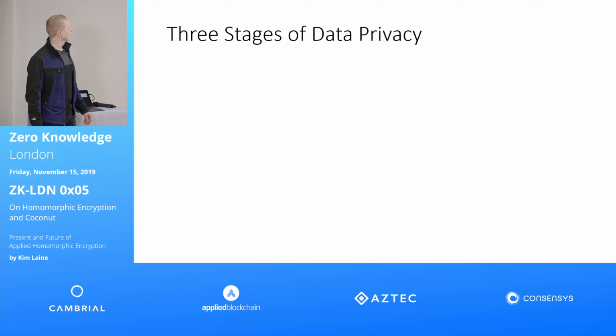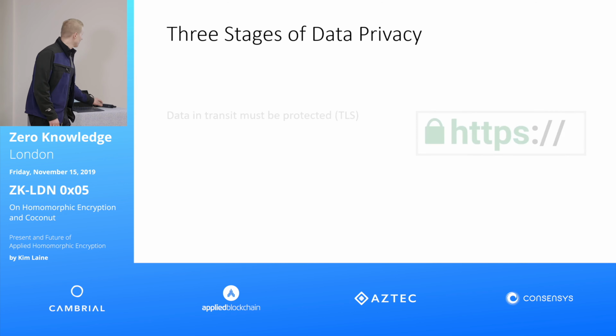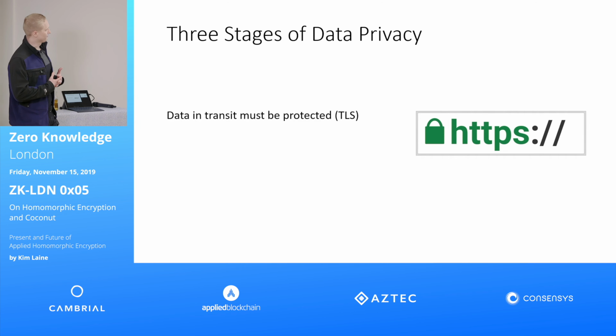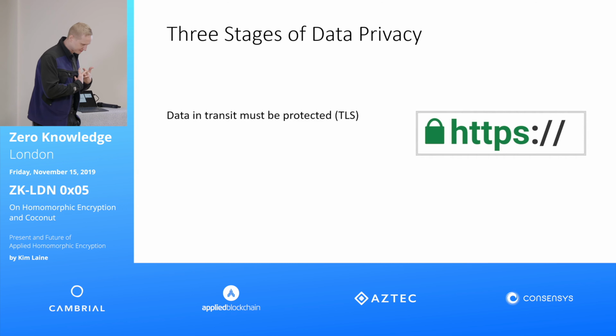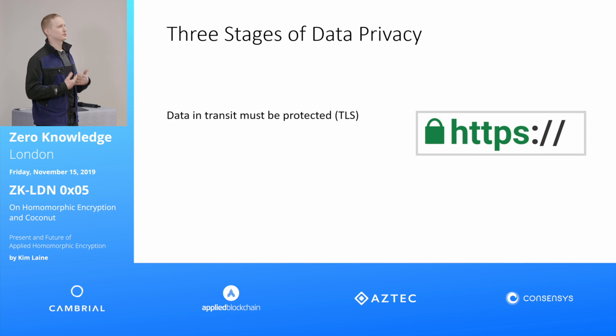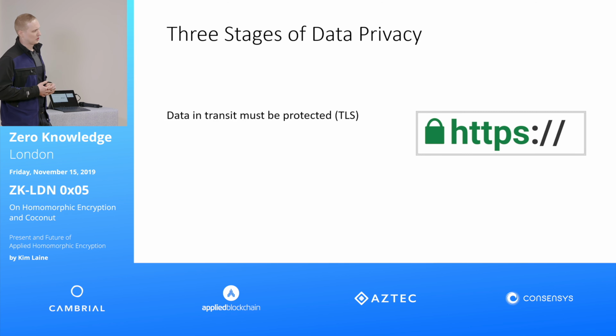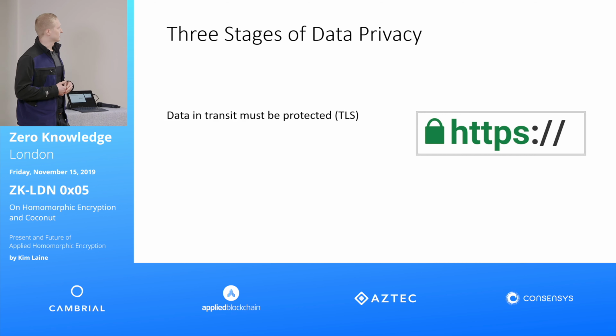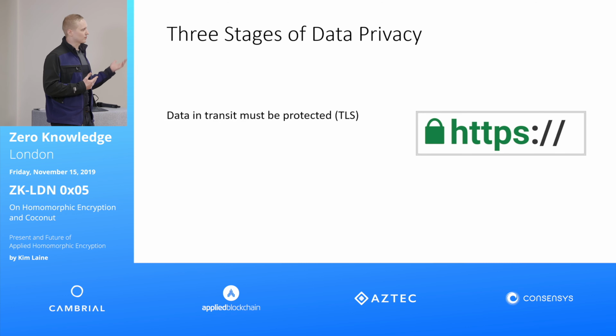All right, well, agenda. So let's start with some corporate fluff. Of course, typically when we want to motivate homomorphic encryption and some of this modern cryptography work, other secure computation techniques too, we bring up these 3 stages of data privacy, and this is also why Microsoft cares about this, which is that when data is in transit, of course, it must be protected.